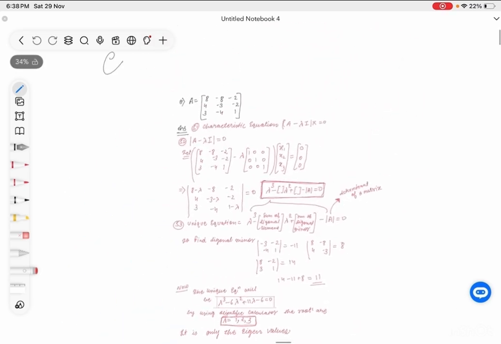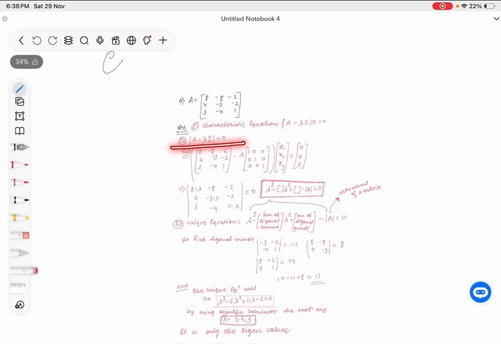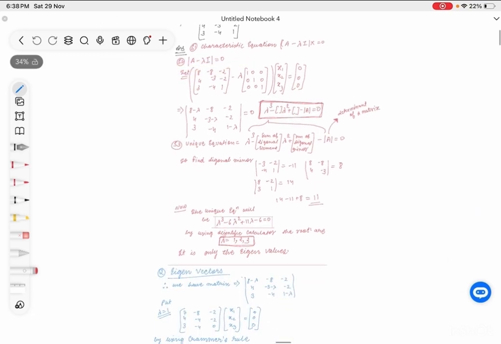Basically, first we used the characteristic equation, then this unique equation where we used the sum of diagonal elements and the sum of diagonal minors. Here we found the minors. By adding them we get one value of minors, and we put it here, and this is the determinant.